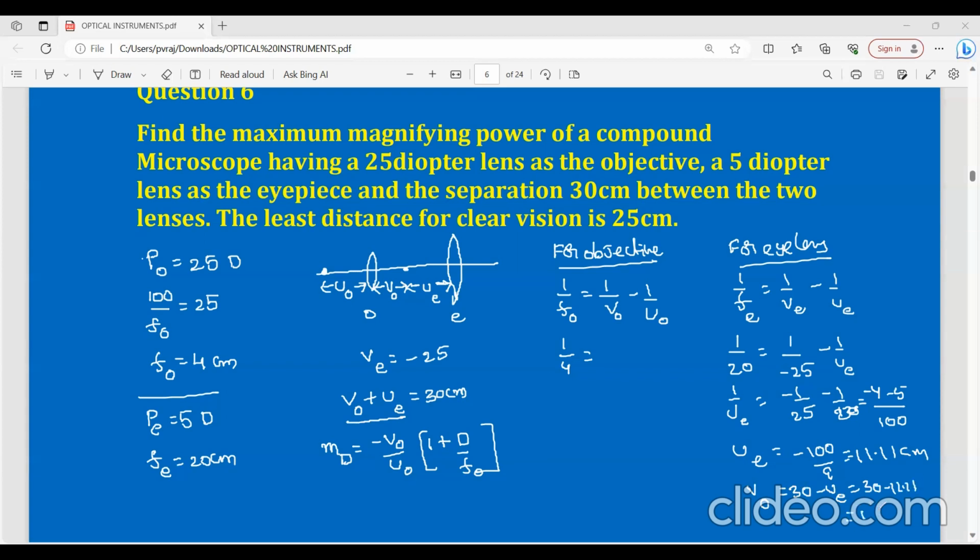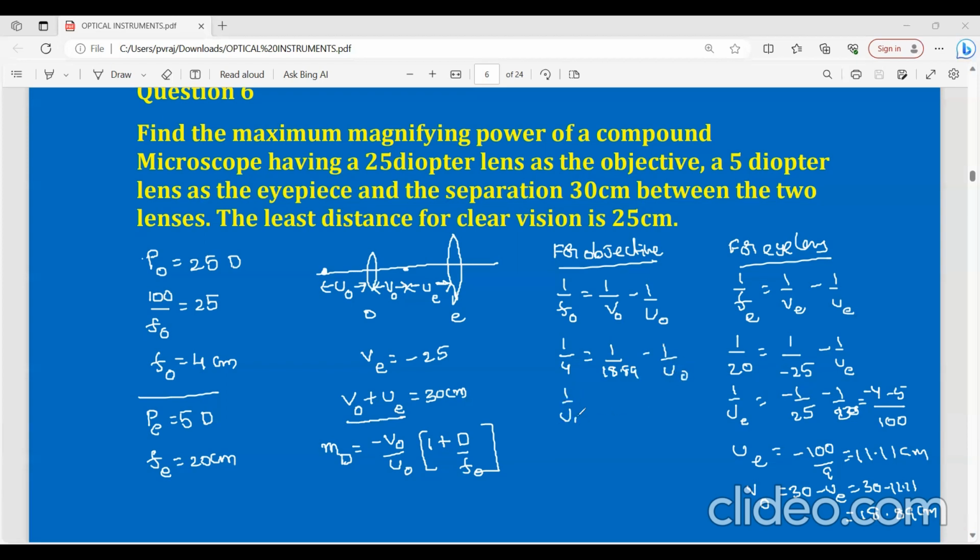This is 18.89 centimeters. So we could know the value of VO. Now we can substitute that. 1 by 18.89 minus 1 by U naught, that we don't know.